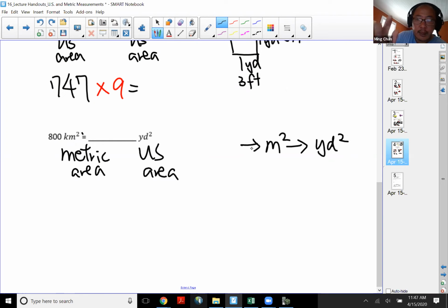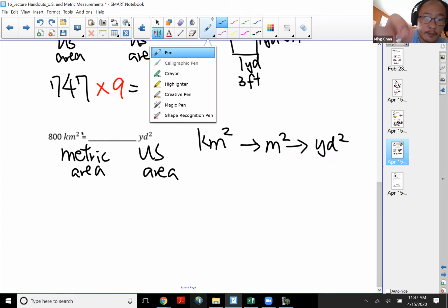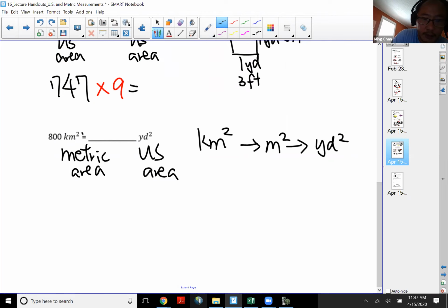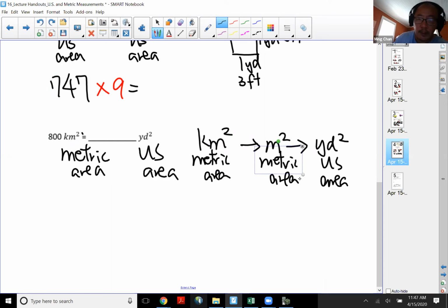So the question is, how can I go from square kilometer to square meter? Remember, square kilometer is metric area, square yard is US area, and square meter is metric area. So can I go from metric area to metric area?